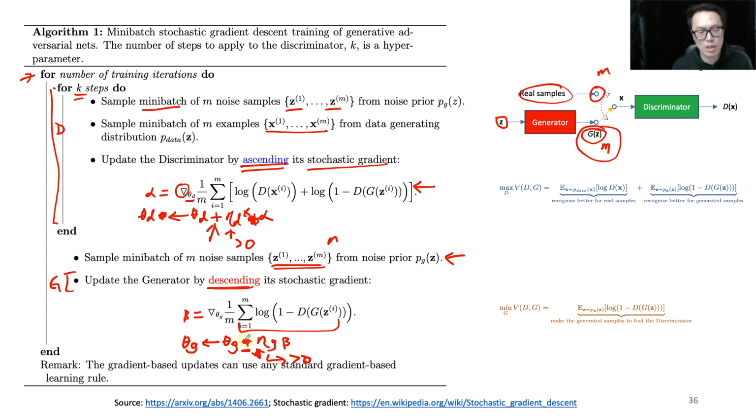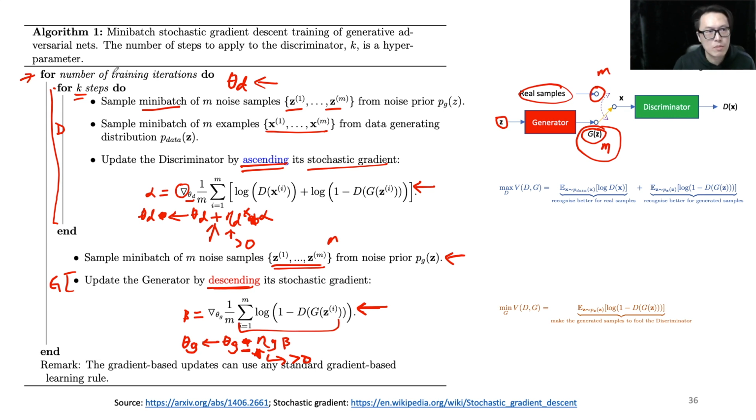To remind you, when we calculate this gradient, we are going to use the theta d value at this point, that is, the theta d value before the update. We use this value and then compute theta g.